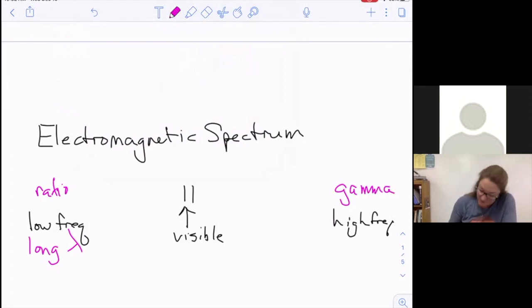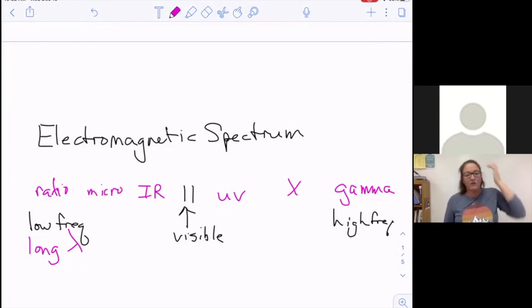Below gamma rays, we have X-rays, we have UV, then we have the visible spectrum. On the other side of the visible spectrum, we have infrared, and then we have microwaves, and then we have radio waves. Cell waves are somewhere in the micro and radio range.